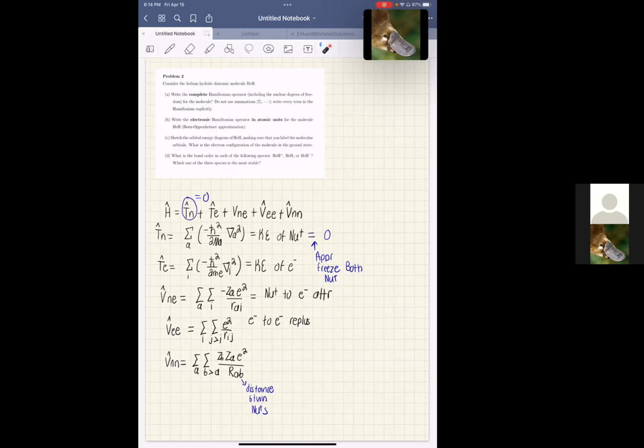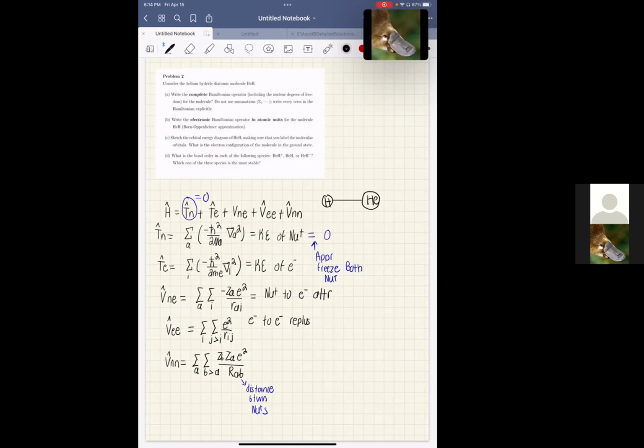So if we solve this, we can solve for this by just splitting the terms. So I'm just going to draw helium hydride right here.